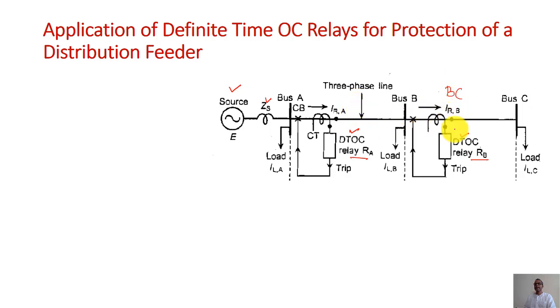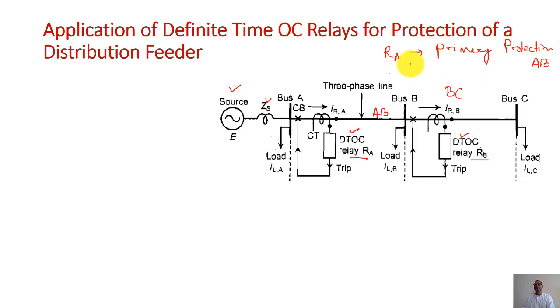It provides the primary protection to the section BC, and relay A provides primary protection to section AB, whereas relay A is providing the backup protection to section BC. That means relay A is providing primary protection to section AB, right?